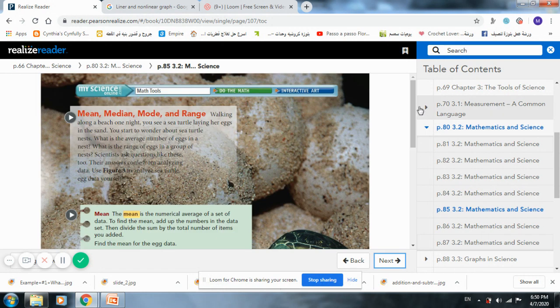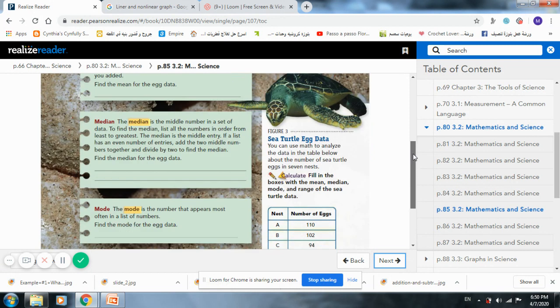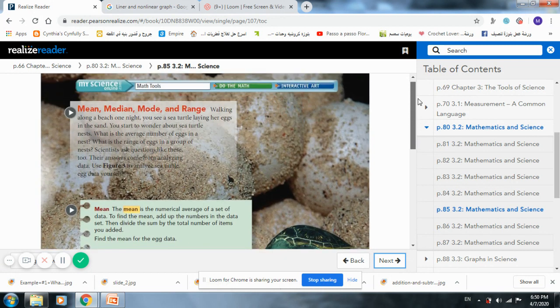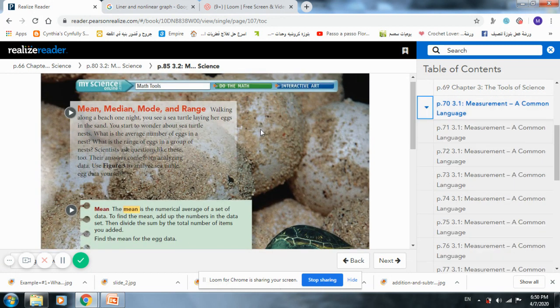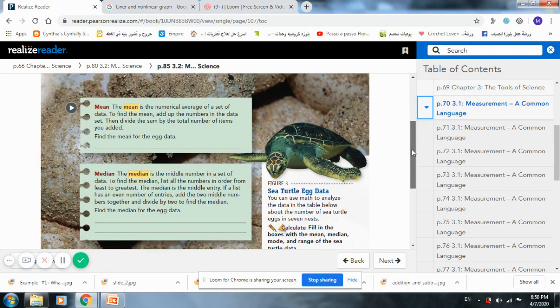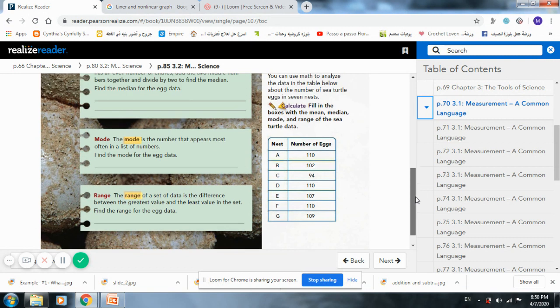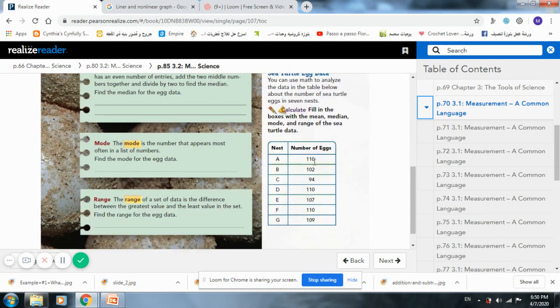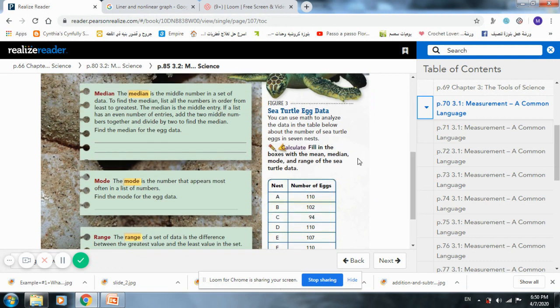Now let's talk about the four remaining math tools: mean, median, mode, and range. I will explain them using this table. This table is about the number of sea turtle eggs in seven nests.